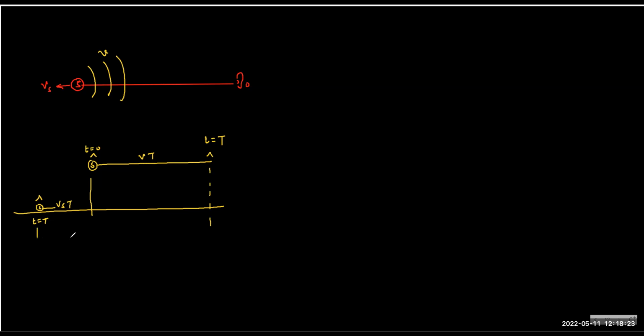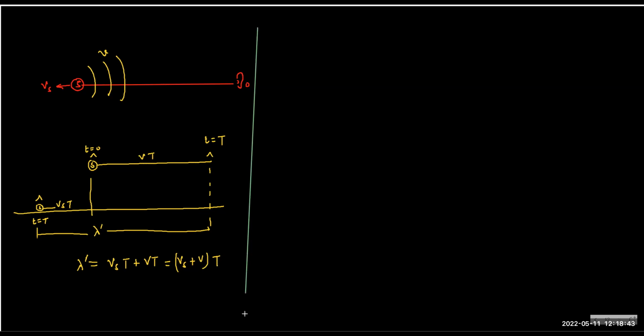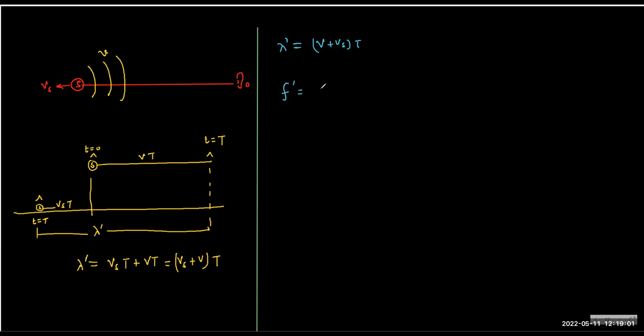and you can clearly see that the lambda dash will be how much now? The sum of VT plus Vs into T. So lambda dash is VT plus Vs into T. So the apparent frequency will be V by lambda dash, and the answer is V upon V plus Vs into f.